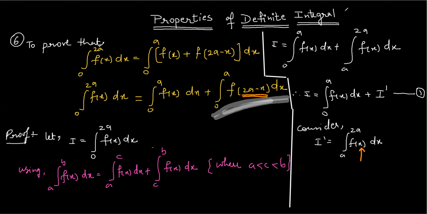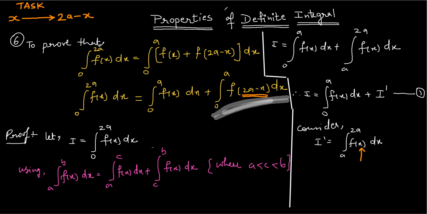So this is my task. What is the task here? x should get transformed into 2a minus x. Here it is x and I want 2a minus x.